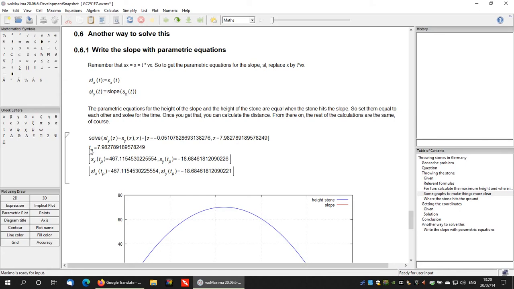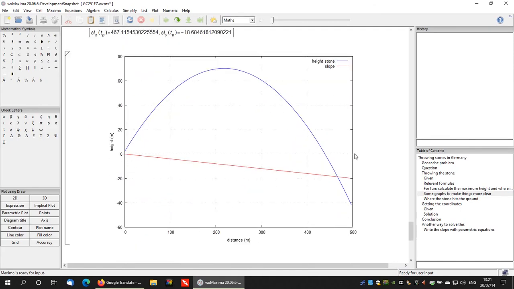So I call this TP from parametric, and if you fill that in the parametric formulas for the parabola, you get in the x direction 467 meters, same thing as we got before, and the y direction is minus 18.6, so actually about 20 meters lower than the starting point of your stone.